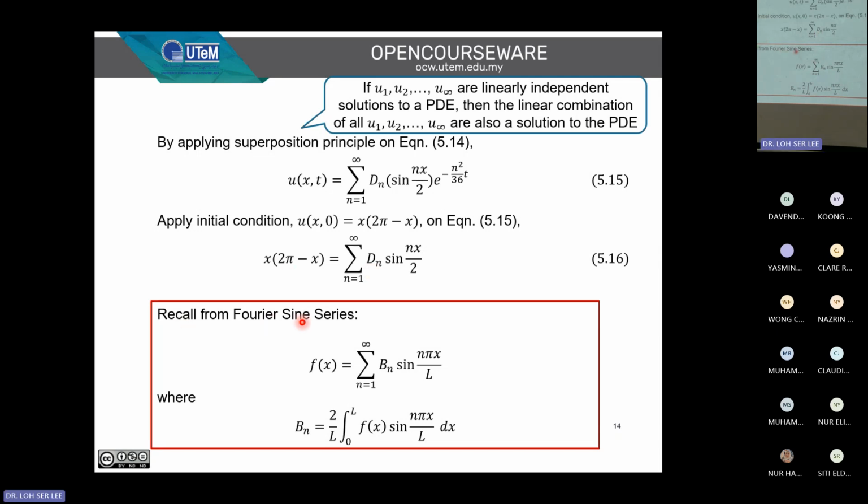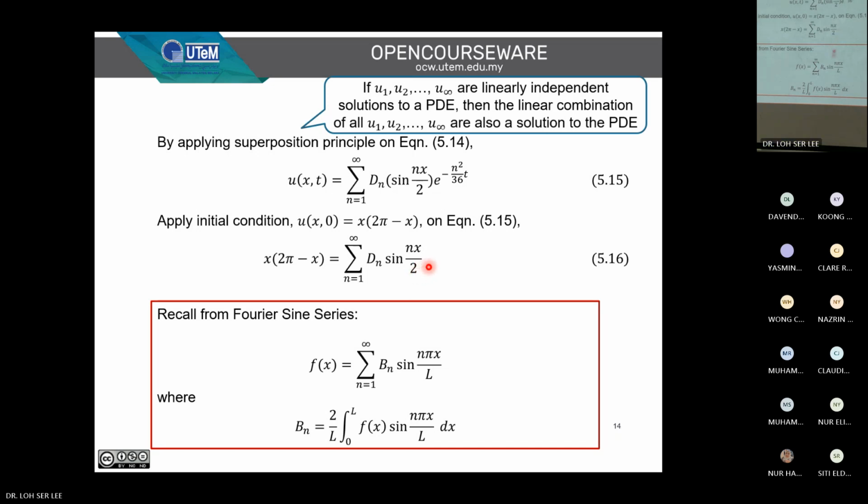Recall from the Fourier sine series, you have learned this one. When this function equals the summation of bn sine n pi x over L, this is the Fourier sine series. For your bn, we use this formula. Now, this is a similar case. This is your f(x). This is your bn. And what is your L?